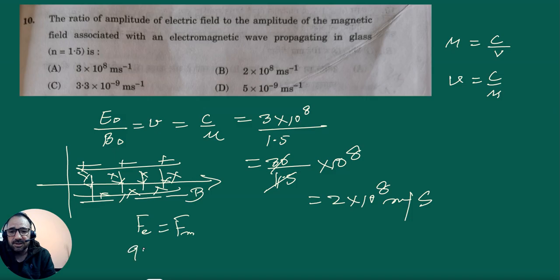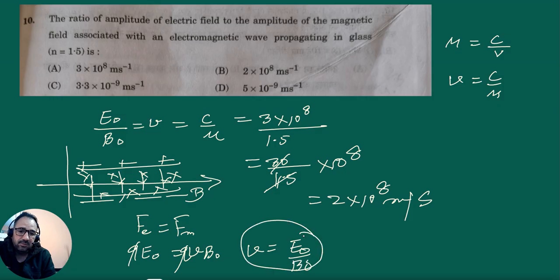Electric force is nothing but q E naught, and magnetic force is q v B naught. So q will cancel out. From here velocity is coming what? E naught upon B naught. Okay, so this formula is expressed this way.